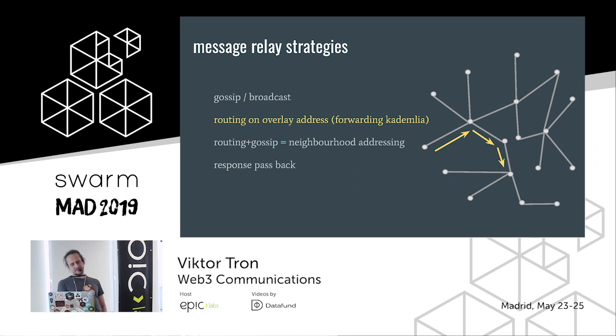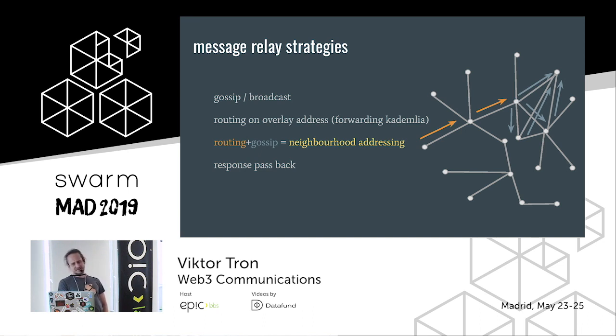The other type of message passing modality is when we combine the Kademlia routing with gossip, which we call neighborhood addressing. It is basically when you do routing up to a certain neighborhood, and within the neighborhood you do gossip.